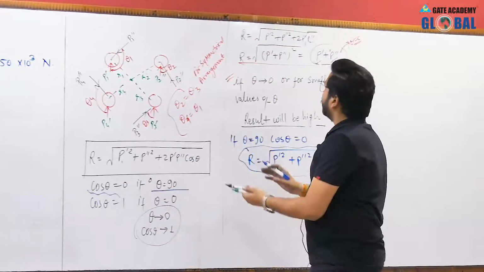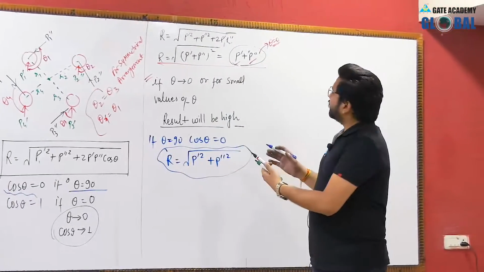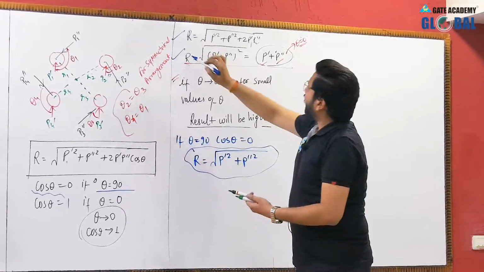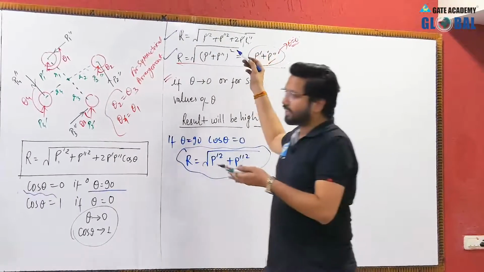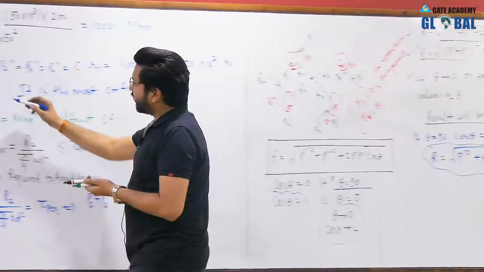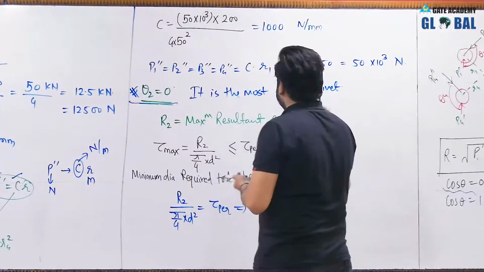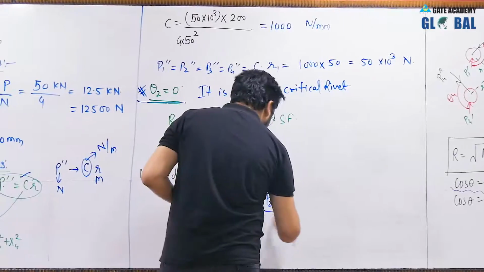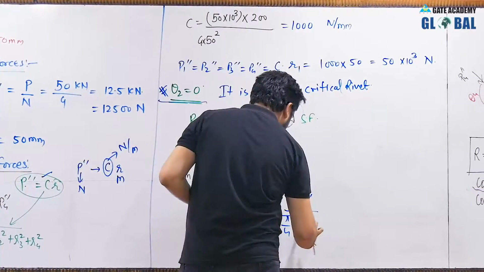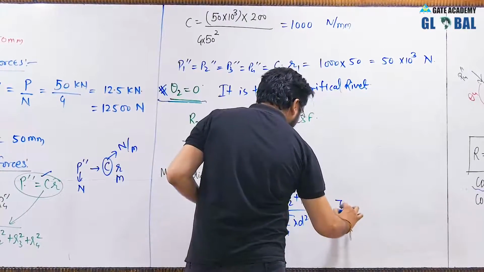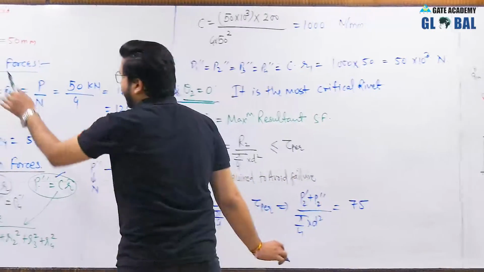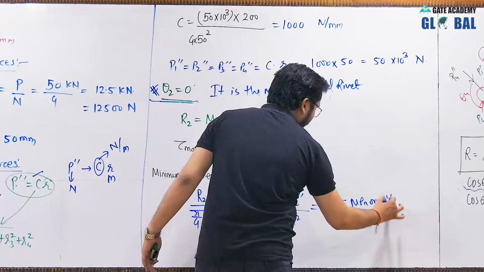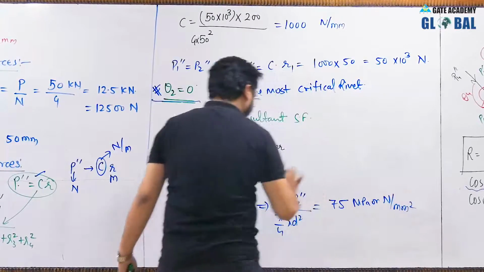If you have a non-zero value, then put the values of the primary and secondary shear forces in the equation, and you will get the resultant. Here we can directly use the addition of the two shear forces, divided by pi by 4 d square is equal to tau permissible, that is 75. Now 75 is in megapascal, which is the same as Newton per mm square.